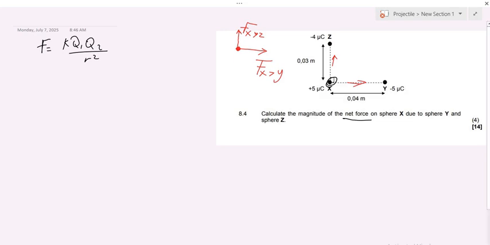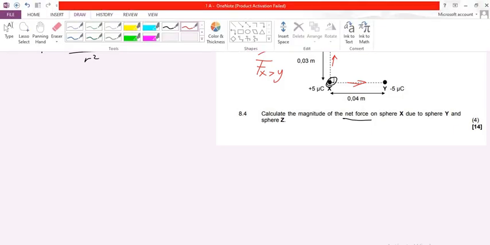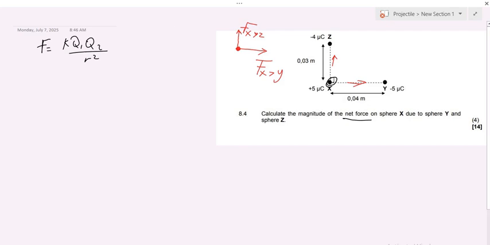Remember that this equation has only two charges when we want to calculate the force, two charges. We do not add a third charge q3 here, no, we do not do that. So we calculate the force one at a time. We have two forces that we need to know.